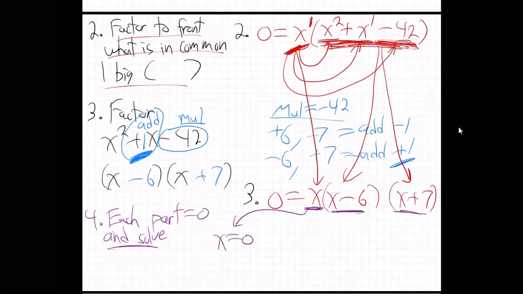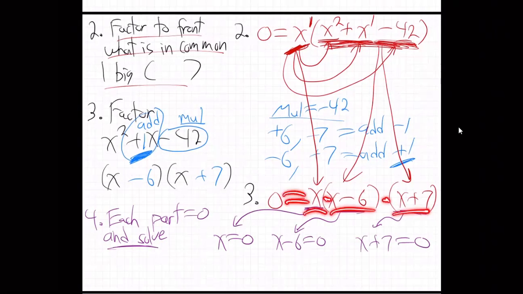So the x alone is 0. Next, the x minus 6 is 0. And last, the x plus 7 is 0. See how I set all 3 of them to 0? Because if any one of those becomes 0, then for sure they're all going to multiply to equal 0. All right, let's solve it.